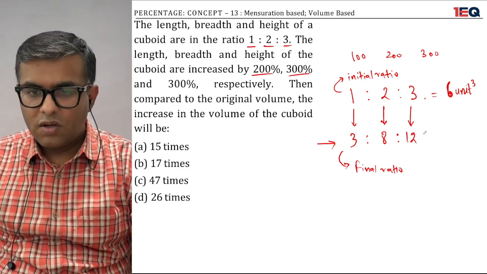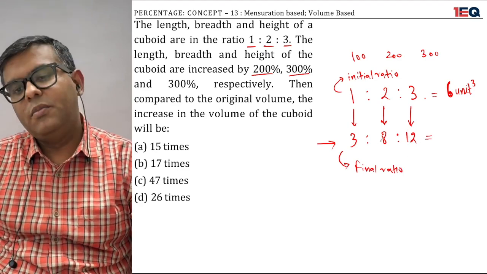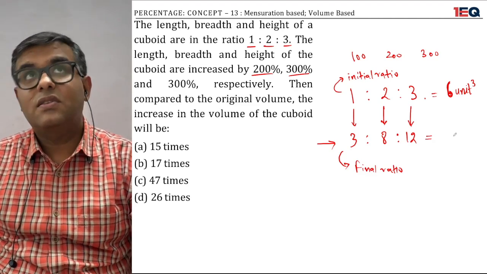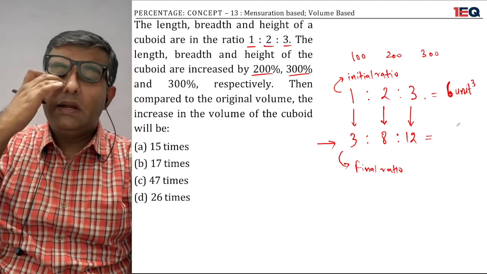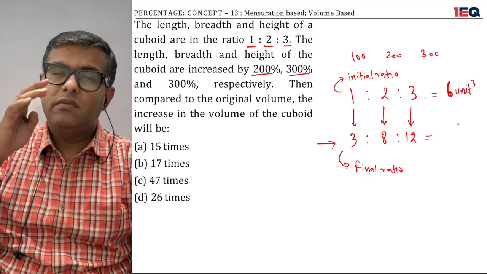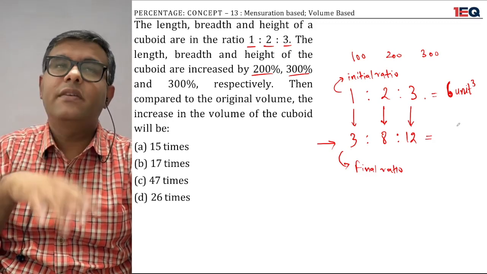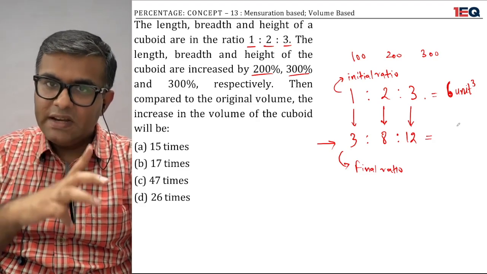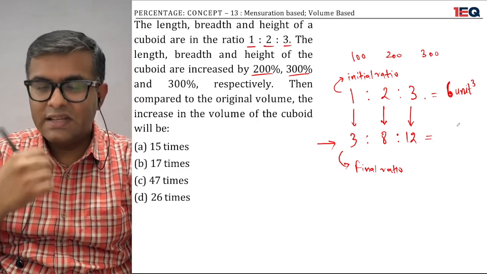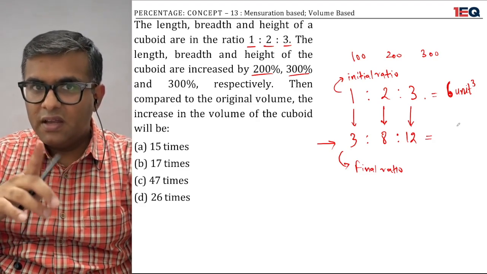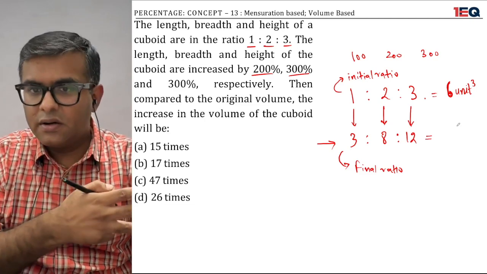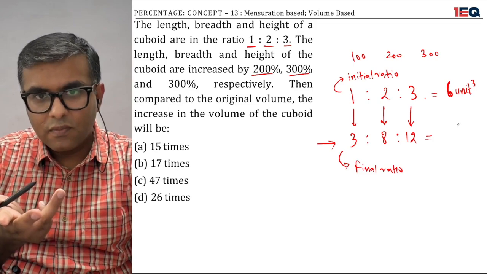Okay, so I'm gonna multiply it. The big numbers first. 12 8s are 96 and 96 threes are. Had I multiplied 100 into 3, that would have given me 300. But 96 is 4 less than 100. So if I subtract 4 into 3 from 300, I'll get the same answer.